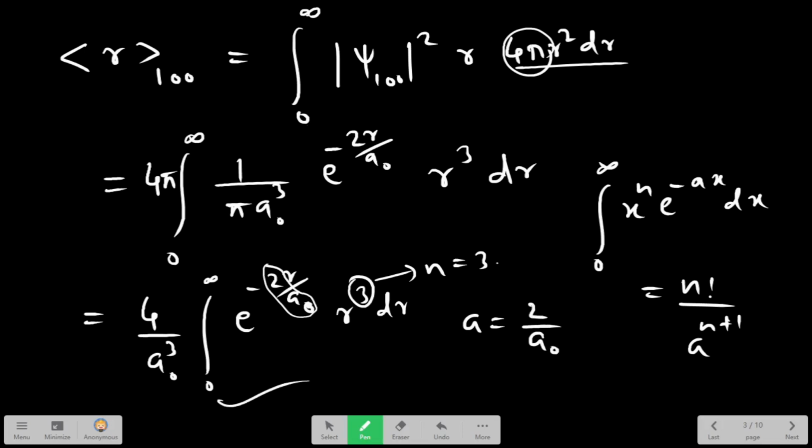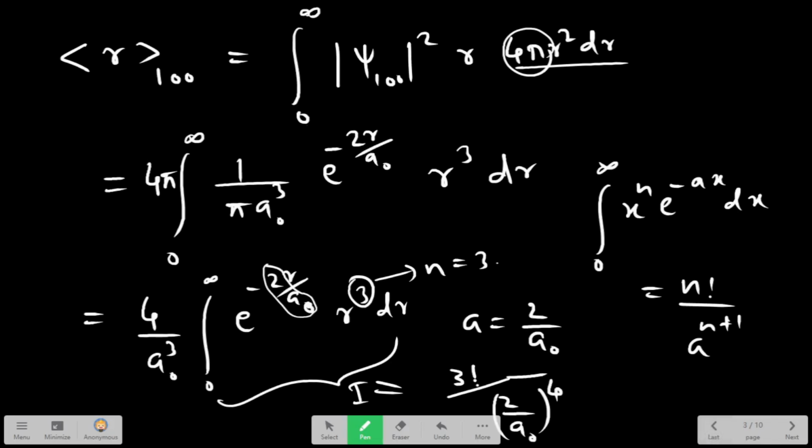Therefore the value of this integral is equal to 3 factorial divided by (2 by A0) the whole raised to 3 plus 1, which is 4. (2 by A0) the whole raised to 4.